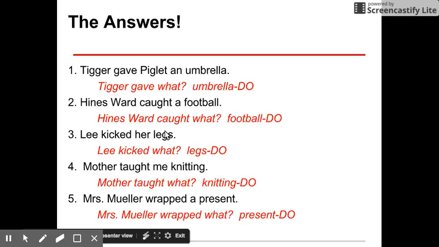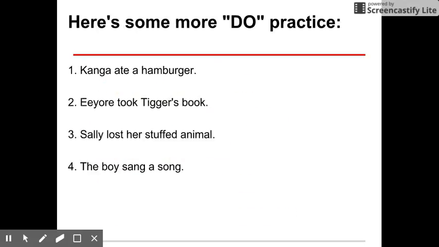Lee kicked the legs. Legs are the direct object. Mother taught what? Knitting. See why that question is so important? It's not just the next word that follows after the verb. Mrs. Muller wrapped what? Present. Present is your direct object. So if you got some of those wrong, that's okay. Think about what you did or didn't do. Make sure that you're using all 3 of these steps. It will make your life much, much easier.